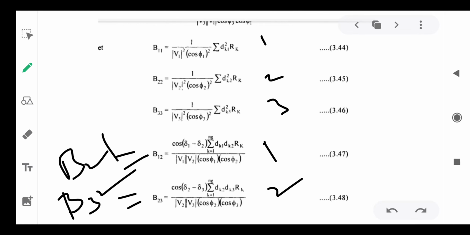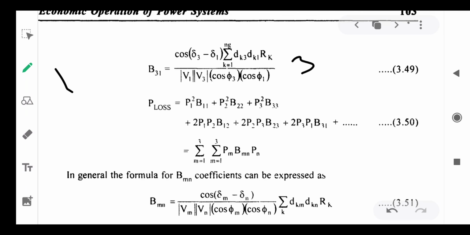Sometimes they use beta instead of B. B23, and the third one, B13 is equal to B31. So therefore P loss is equal to P1 square B11 plus P2 square B22 plus P3 square B33, plus mutual terms 2 P1 P2 B12 and so on.